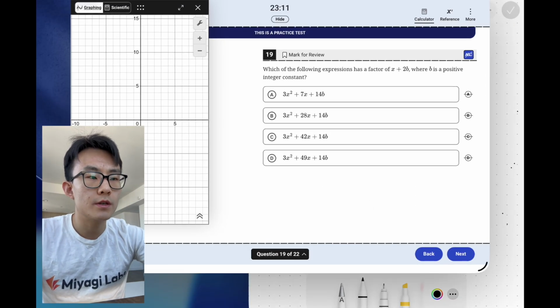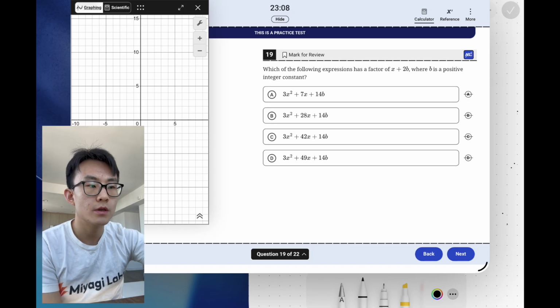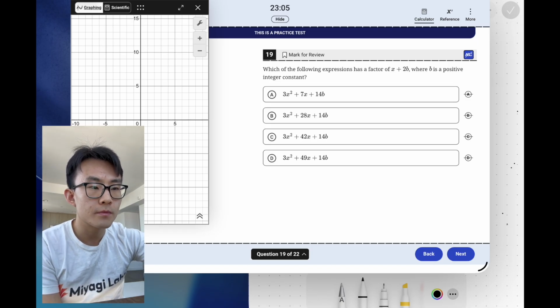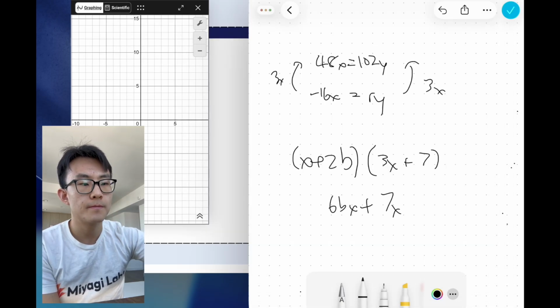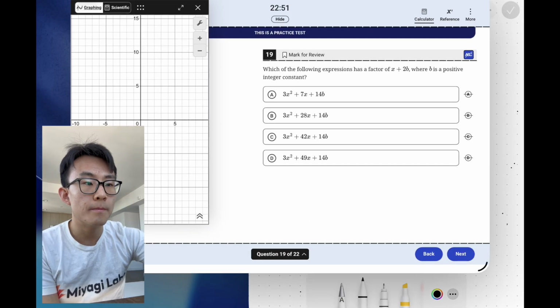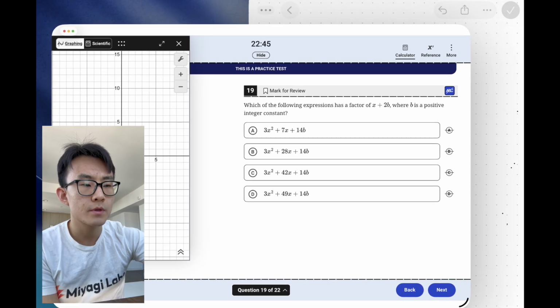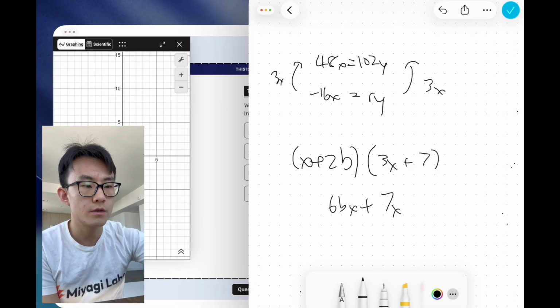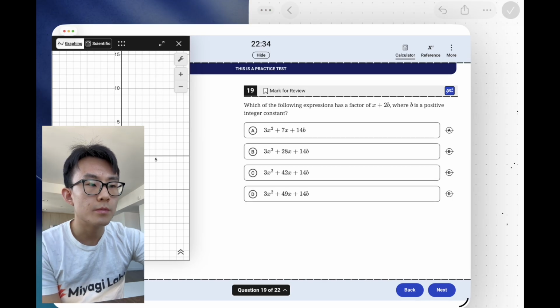Okay, which of these following has a factor of x plus 2b? B is an integer constant. Okay, so we have x plus 2b, and then we need 3x. So we get 3x squared, we get a 14b. Positive integer constant. You get 6b plus 7. But what is b?